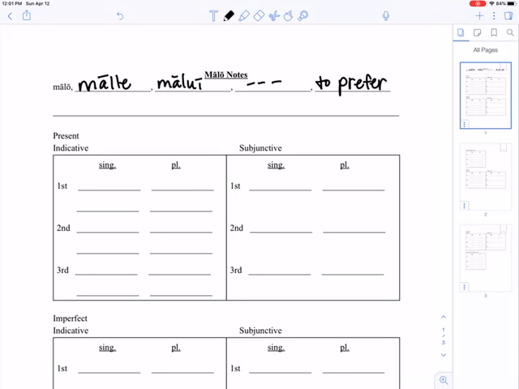Just like volo, just like nolo, no passive voice forms, which is nice. Again, it cuts down on the amount of writing that you have to do with these three.